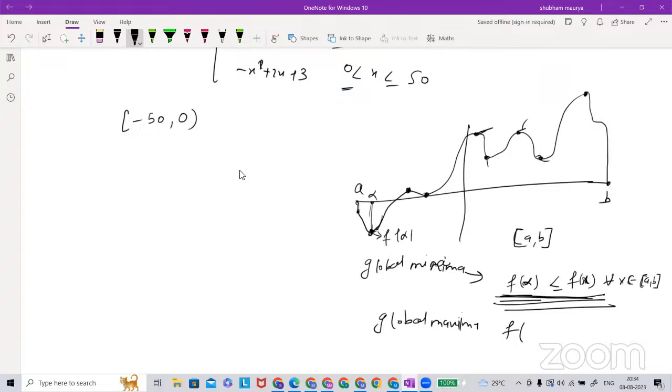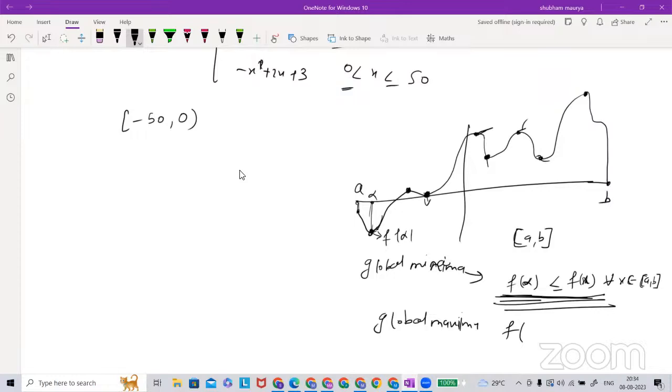So global minima is, if you compare this value, there are some values like this one, which is a local minima, because this value is less than this one at least.